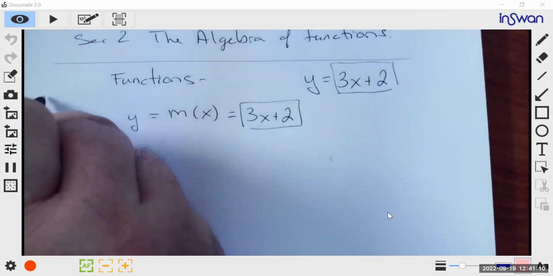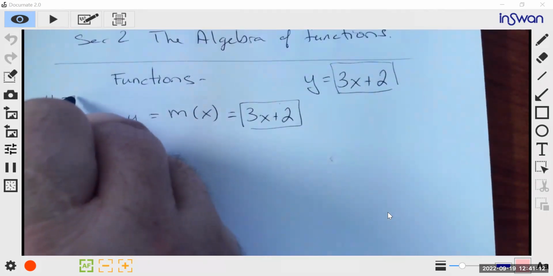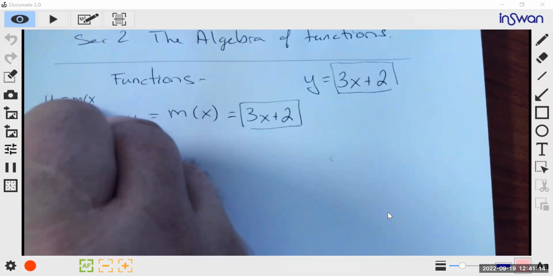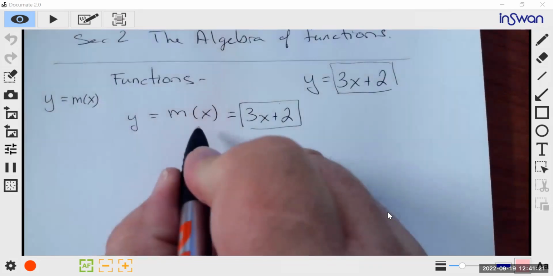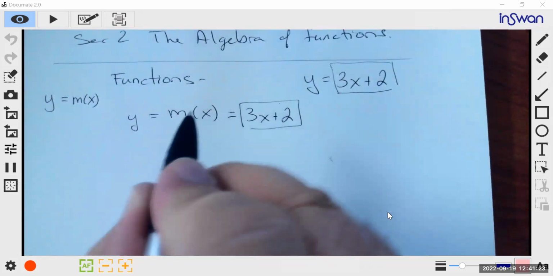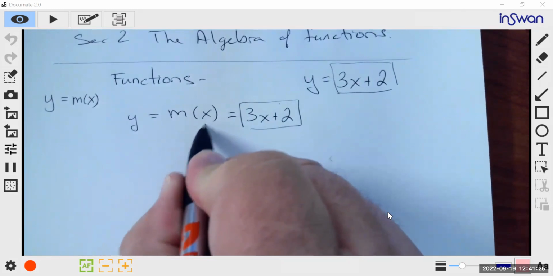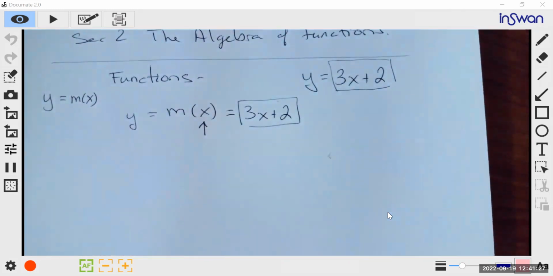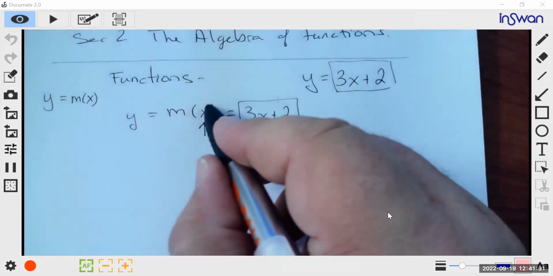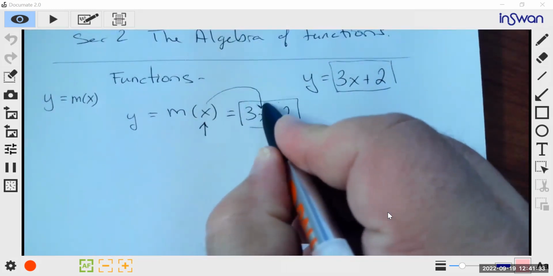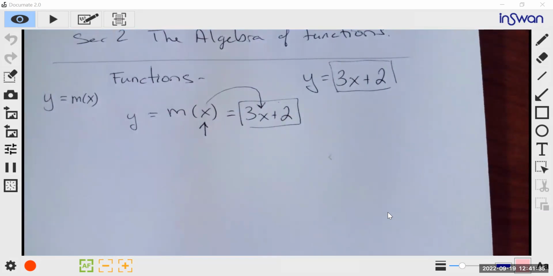So what we're saying here now is instead of writing y, we're going to have function names. And the beautiful thing is now with functions, I can define what the variable is going to be. Whatever I put inside the parentheses replaces all of the x's inside the equation.